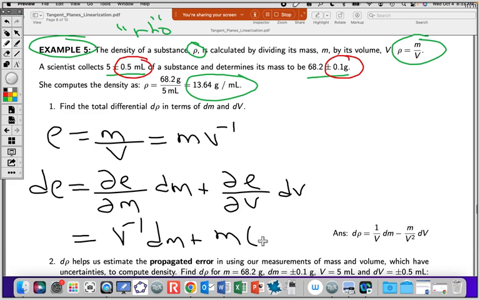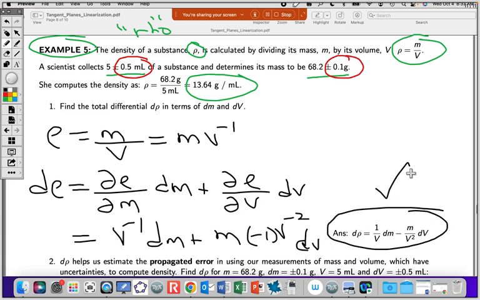It'd be minus 1 v to the minus 2, because we subtract 1 from the power. So minus 1 is minus 2 dv. Yep. So now, and if you rewrite things in terms of fractions, that's what you get.